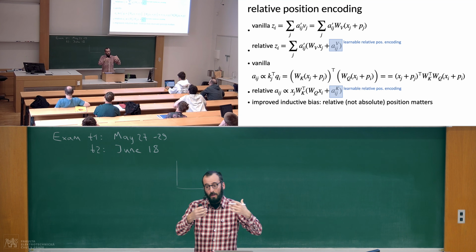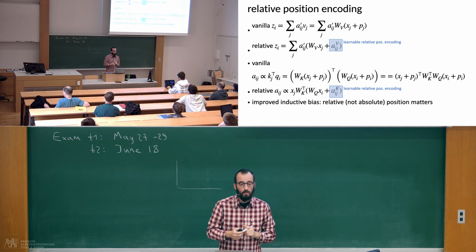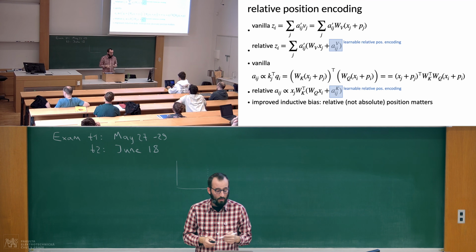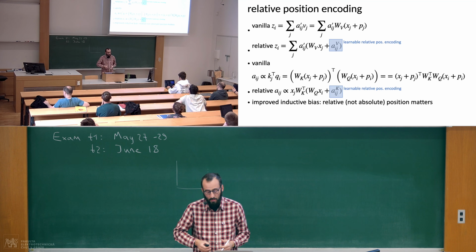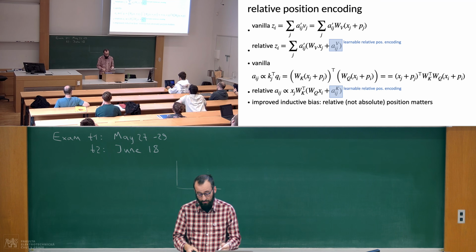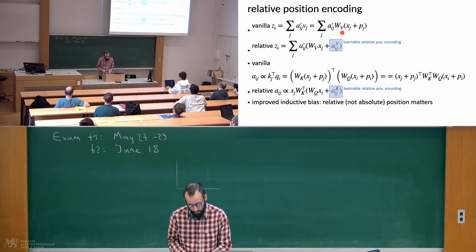Before we said there is some intuition, because when you do dot products in the very input, relative positions matter, so the previous encodings will capture relative position. But there are also cases where we improve the inductive bias by different design. Here is the vanilla aggregation: the updated representation of token i is an aggregation over all other tokens by weight, a projection with WV of the feature plus the positional encoding.